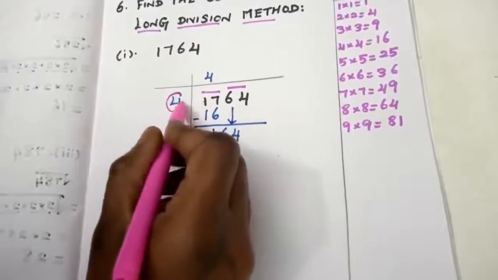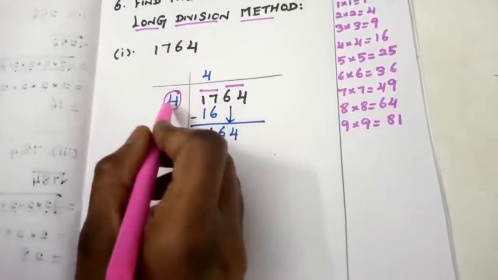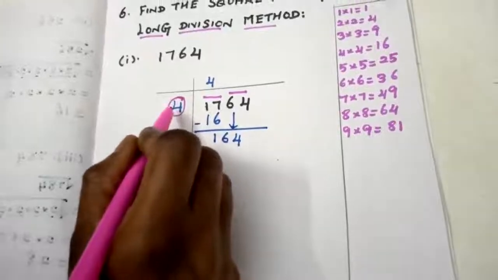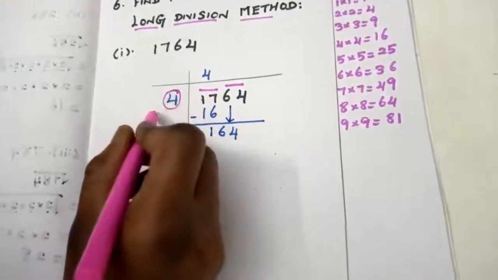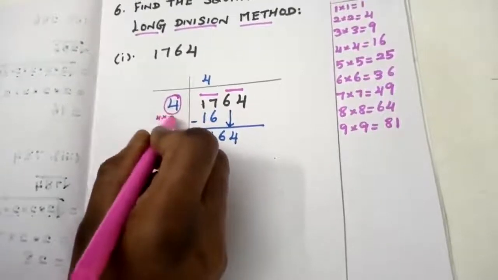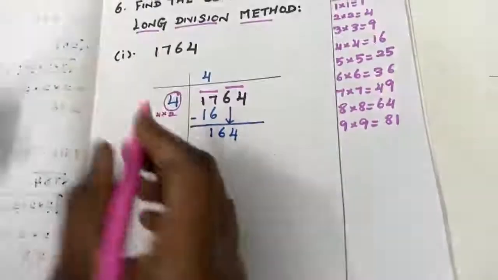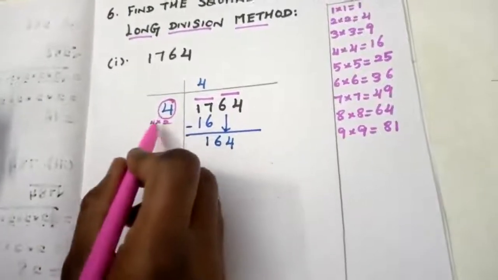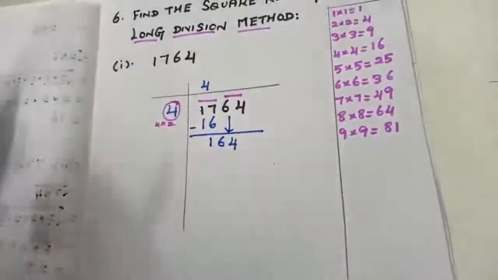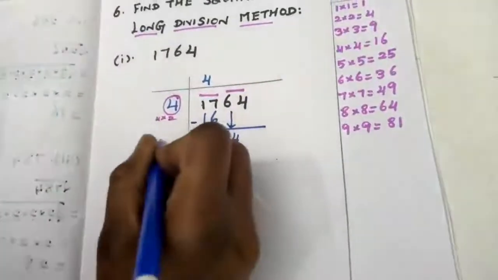I am getting the number 4. Whatever number you are going to get by the side, you are going to multiply by 2. That is the procedure we follow in this long division method. 4 into 2, what is the answer? I am going to get the answer as 8.